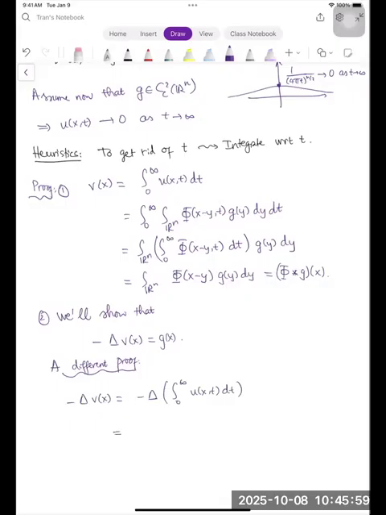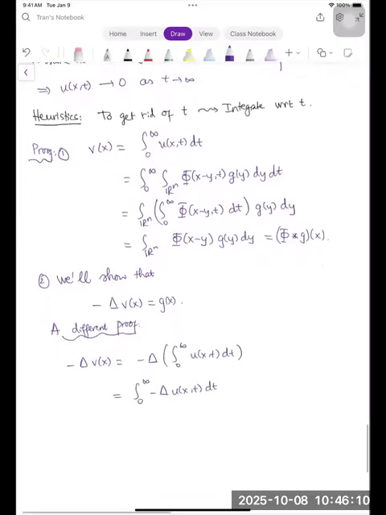So this is the integral from 0 to infinity of minus Laplacian of u of x,t dt, and minus Laplacian of u equals minus u_t, because you solve the heat equation. So minus u_t of x,t dt.